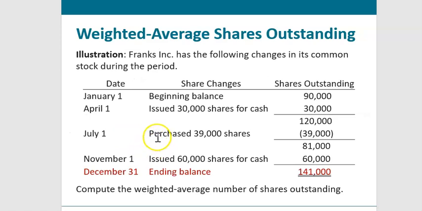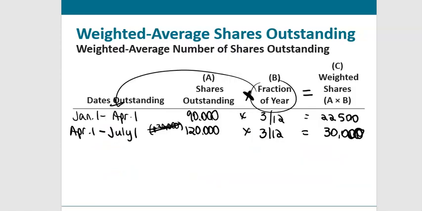The next thing that happens is that the company purchases 39,000 shares on July 1st. So we reduce the amount of shares outstanding to 81,000, and that's between July 1st and November 1st. So what we did was we subtracted out 39,000.